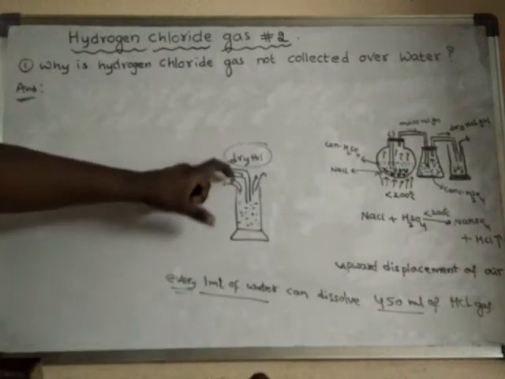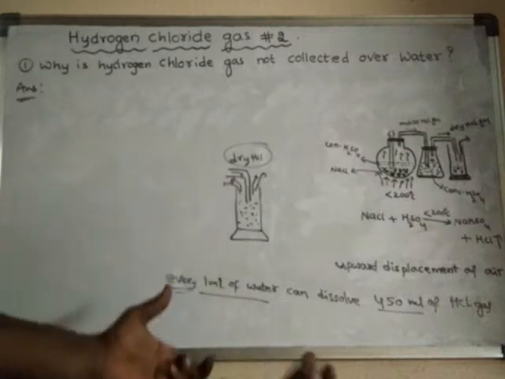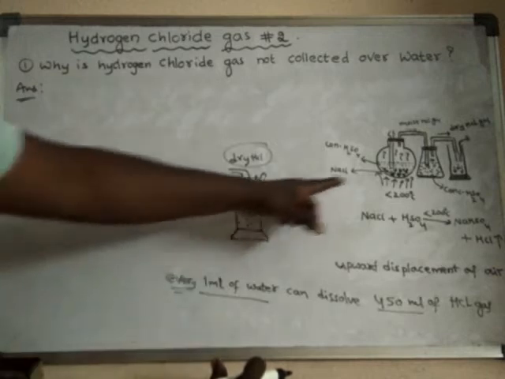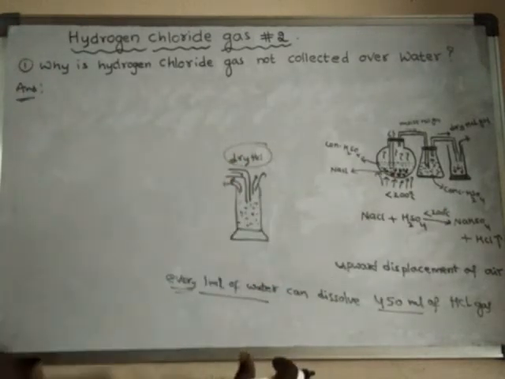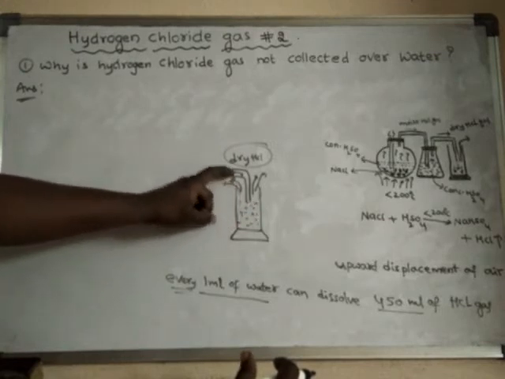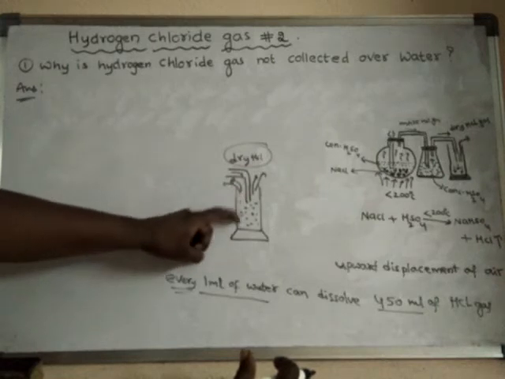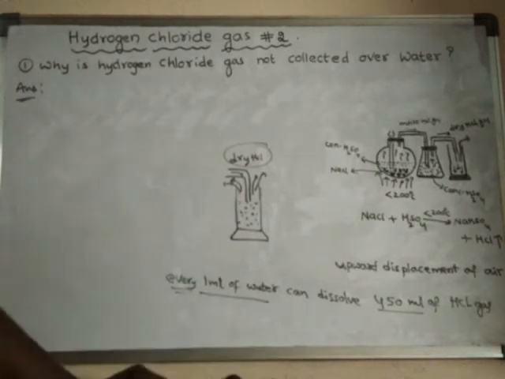But if you put water into this, we cannot get dry hydrogen chloride gas. The purpose of performing this experiment is not achieved, because if we collect the hydrogen chloride gas in water, it will dissolve in water and we cannot get hydrogen chloride gas.